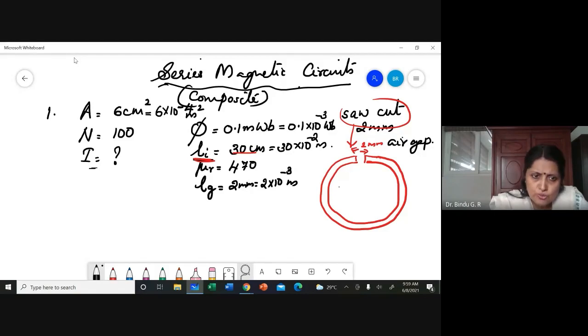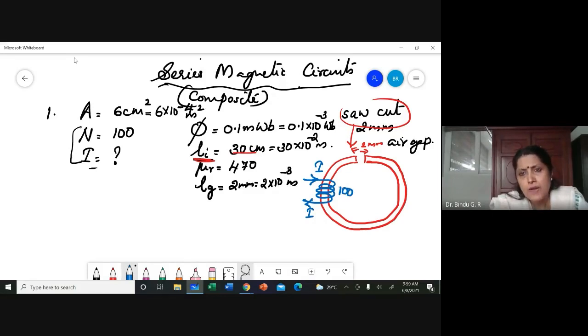And you are asked to find I, which means I will have a coil here through which I provide a current I, and the coil has 100 turns. I am asked to find this value of I.